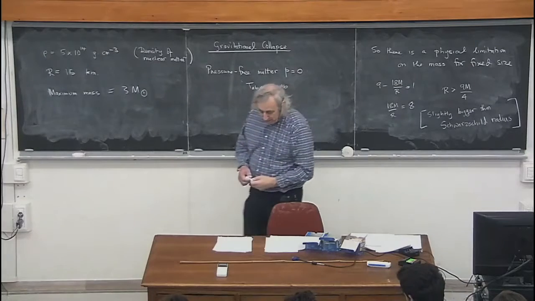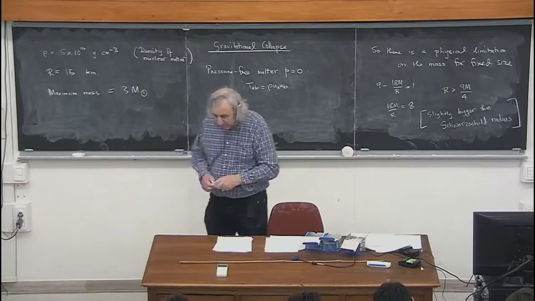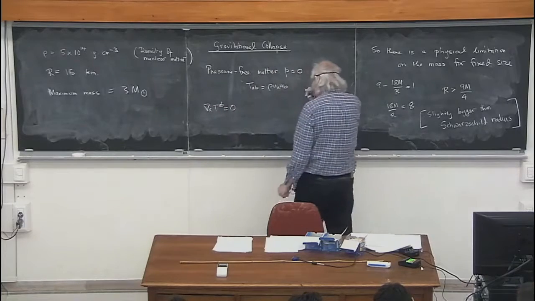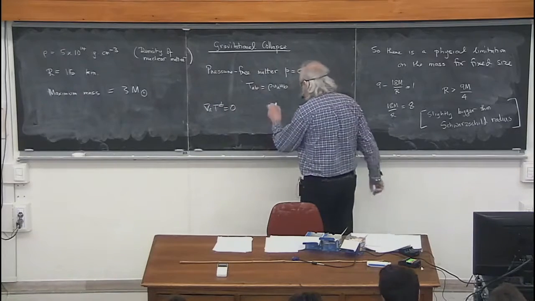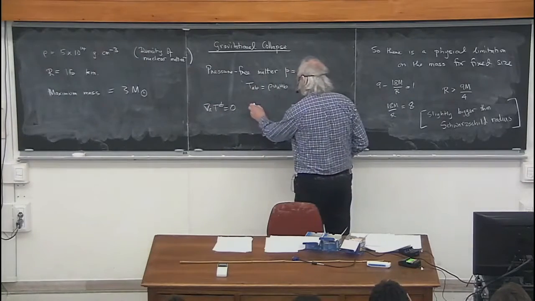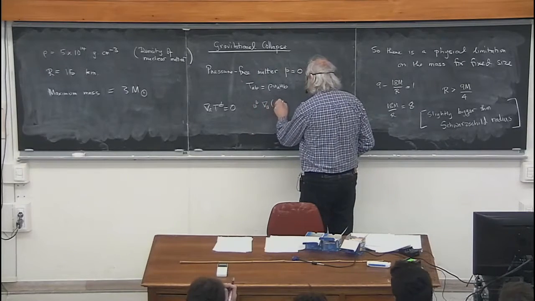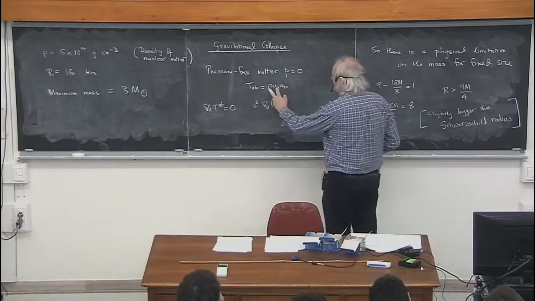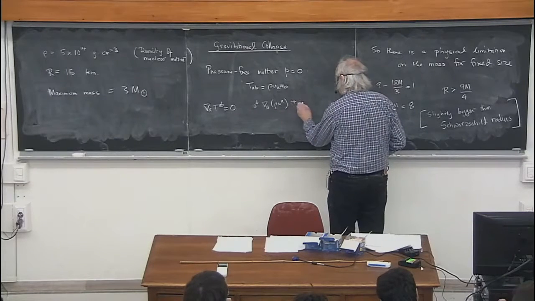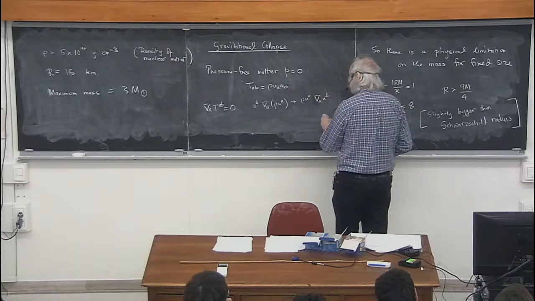And if you just work out the conservation law, you will get that U^B del_A of (rho U^A), so that's where I take the divergence of those two, plus rho U^A del_A of U^B is equal to 0.